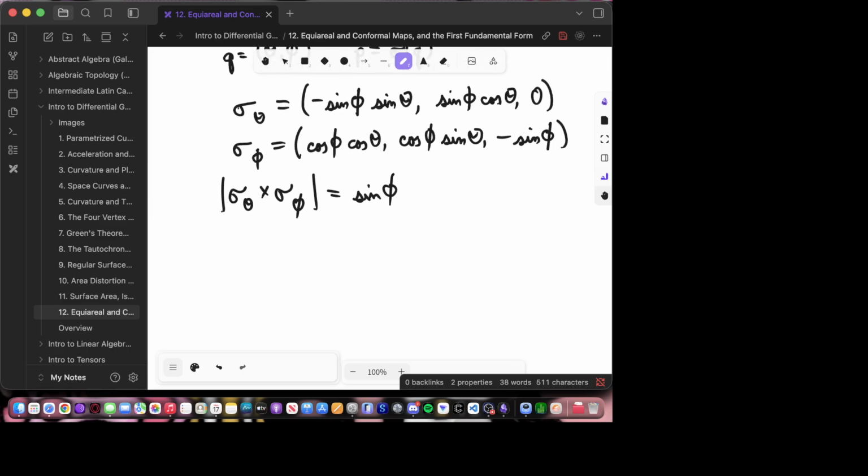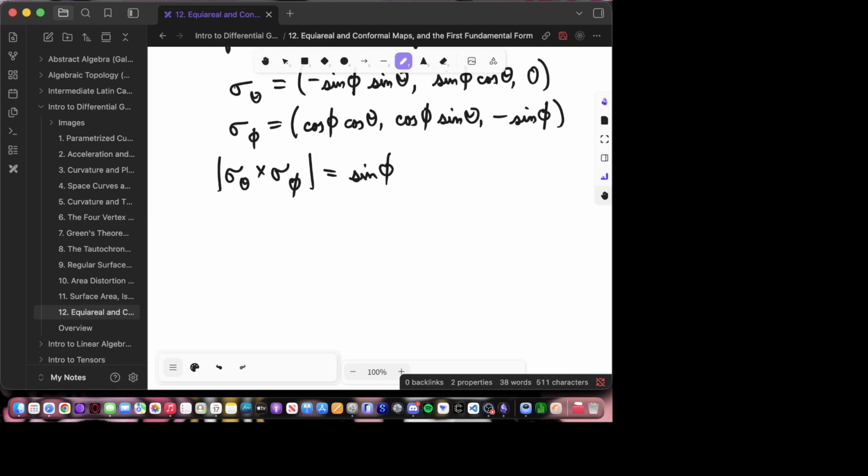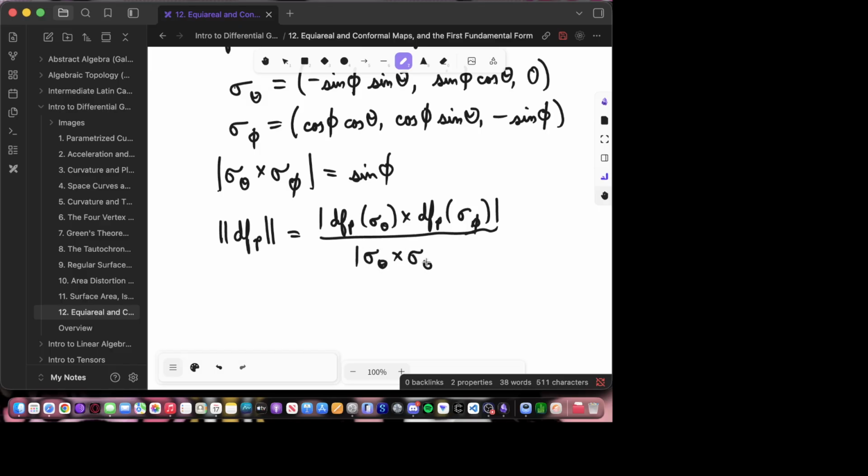So, with this knowledge, we can compute the area distortion to some degree at a point P. But remember, this bottom denominator is sine phi.